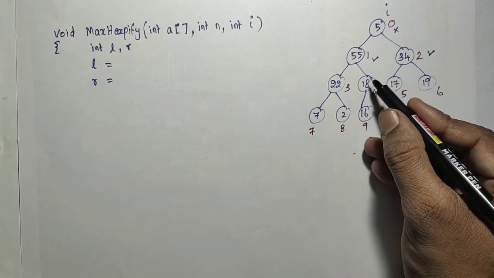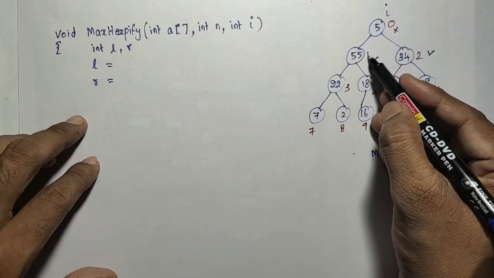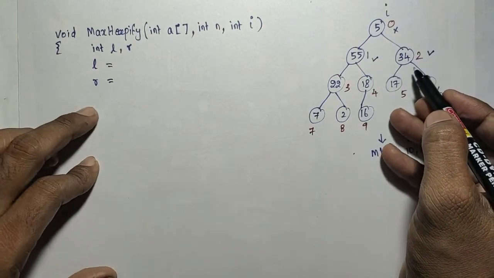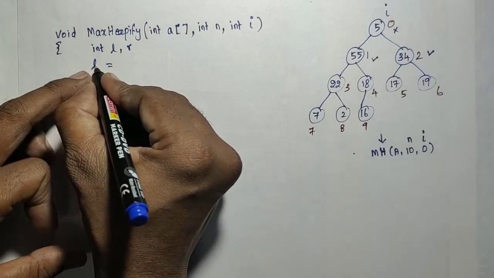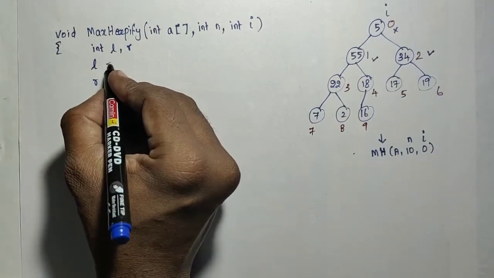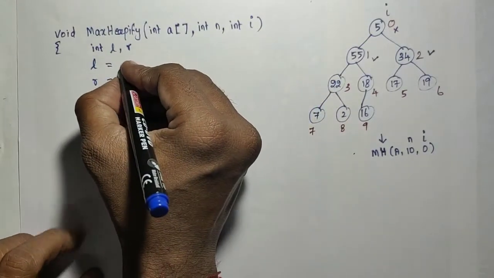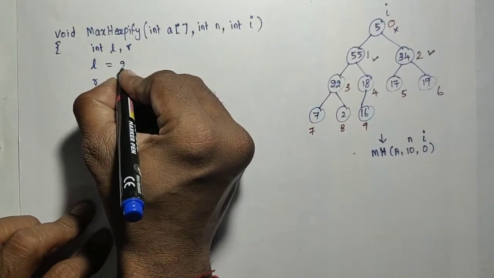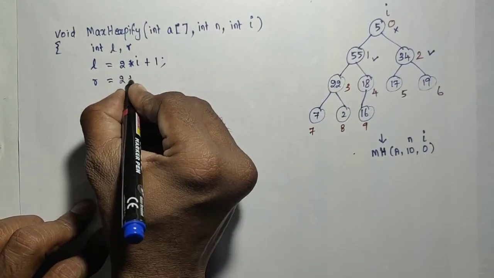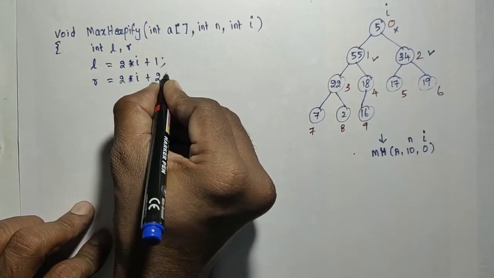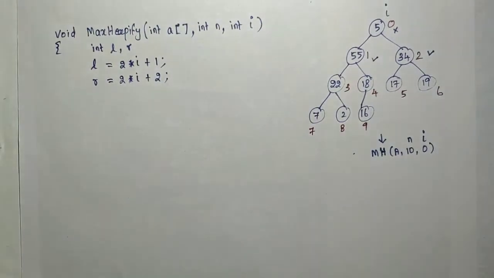So for any ith node, left and right are 2i plus 1 and 2i plus 2. So that is how we find the index of the left node of the ith node: 2 into I plus 1, and 2 into I plus 2. So that we have to find.